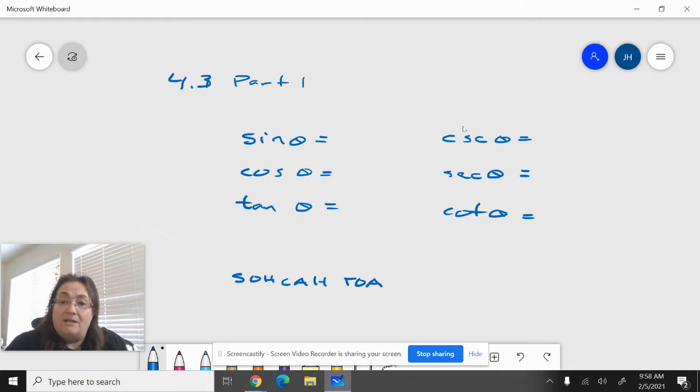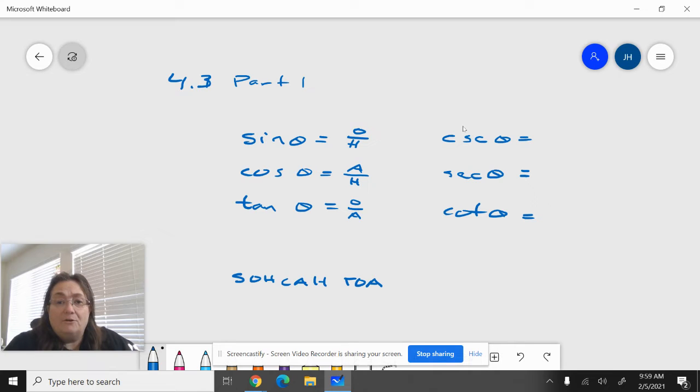Sine, some old hippie, is opposite over hypotenuse. Cosine, caught another hippie, is adjacent over hypotenuse. And then tangent, our TOA, is opposite over adjacent.